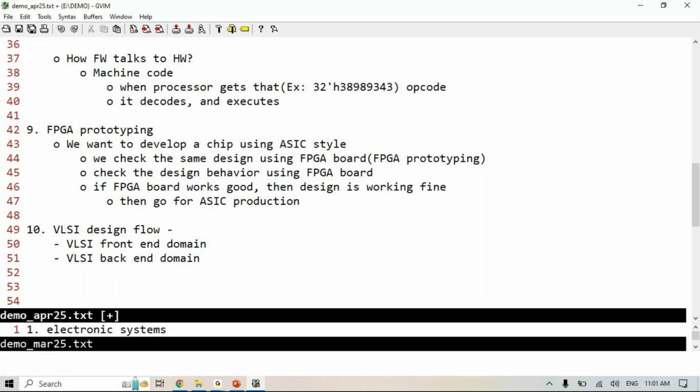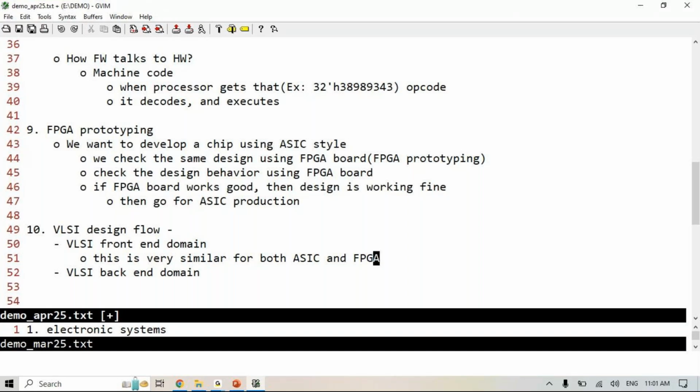Front end domain and back end domain. This is very similar for both ASIC and FPGA. The front end domain is similar.